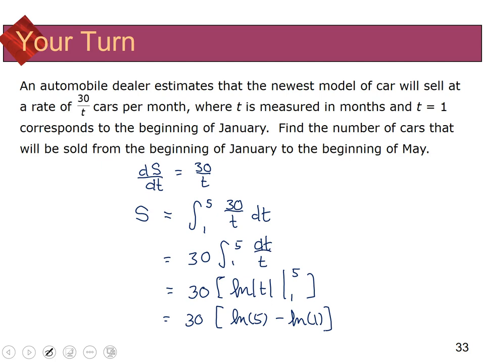Any logarithm of 1 becomes 0, so that goes away. I end up with 30 times the natural log of 5, which is approximately 48 cars. Since the rate changes as the months go by, I'll sell a grand total of 48 cars between the beginning of January and the beginning of May.